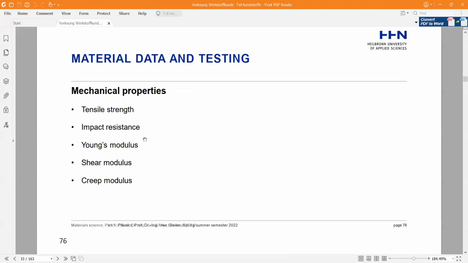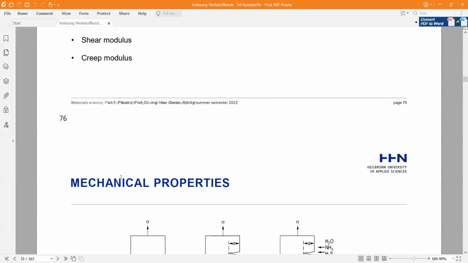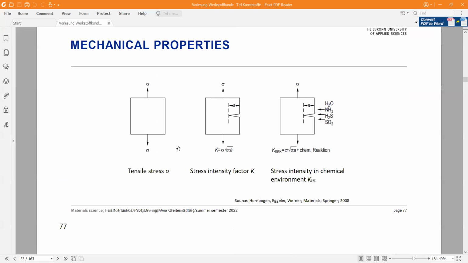Material data and testing. So we have to determine mechanical properties like tensile strength, impact resistance, Young's modulus, shear modulus, and creep modulus. So mechanical properties: tensile stress.